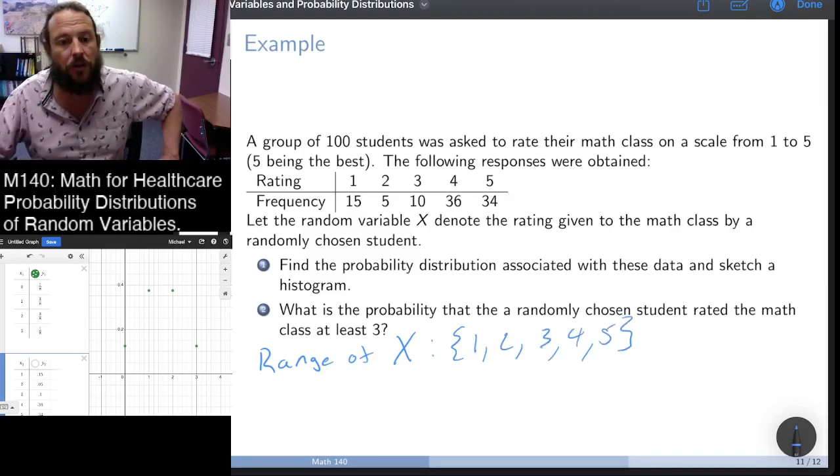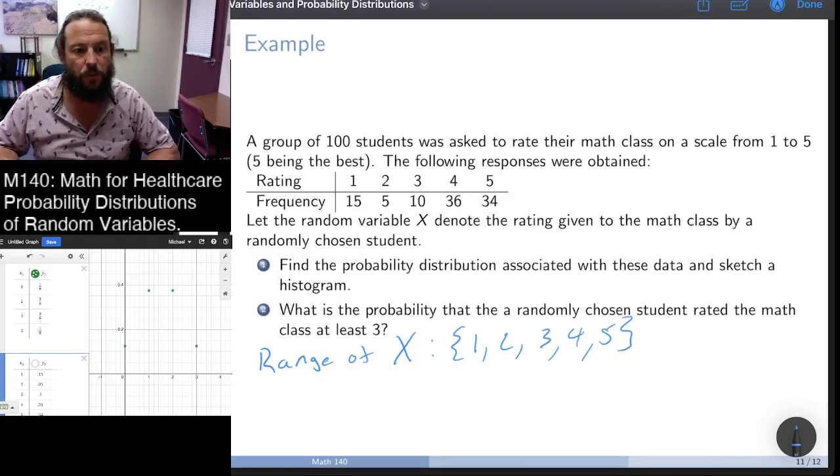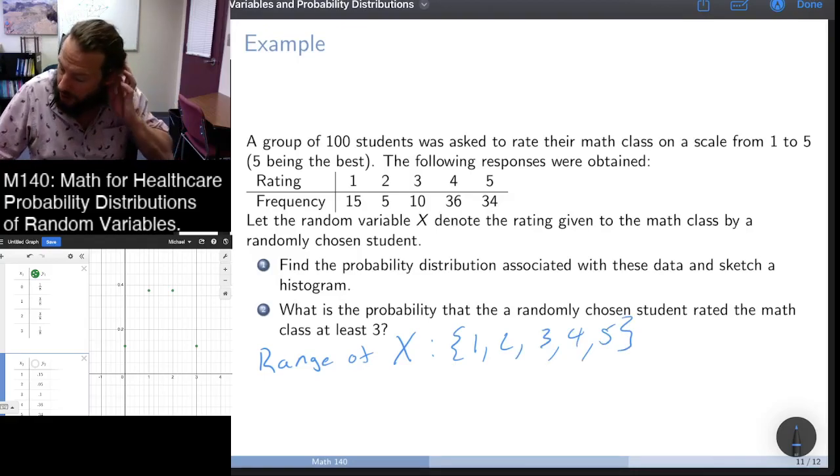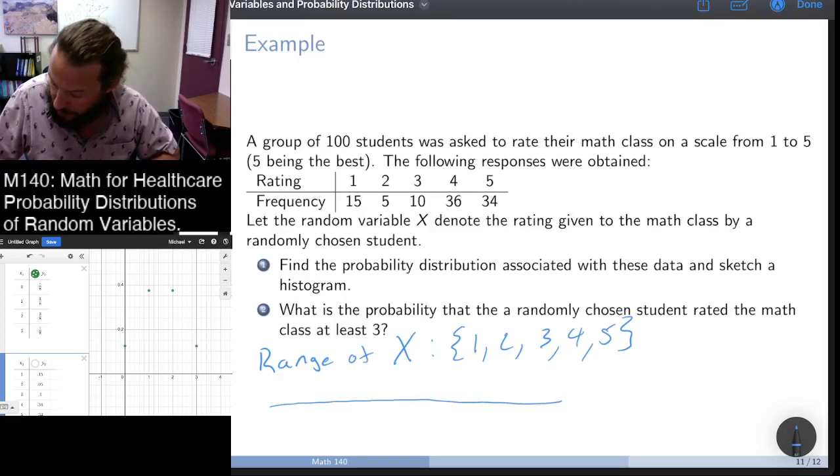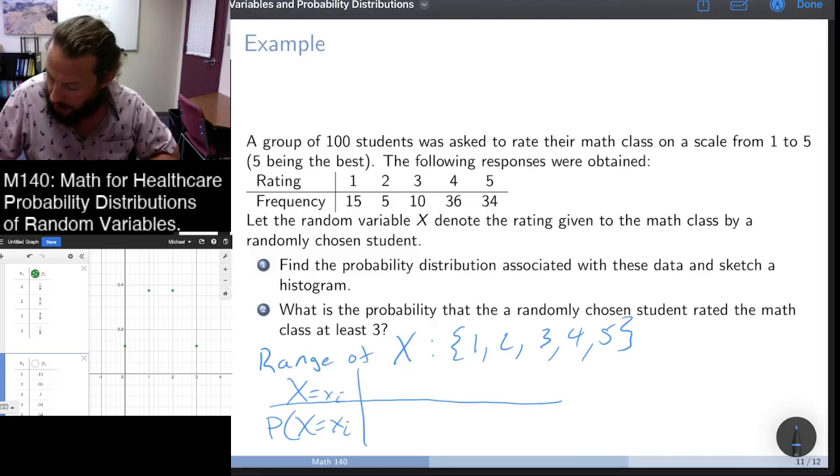There are no in-betweens, so that's the range of x. So we go and do our probability distribution. What are the values that x could take on, and what are those probabilities? We get 1, 2, 3, 4, and 5.